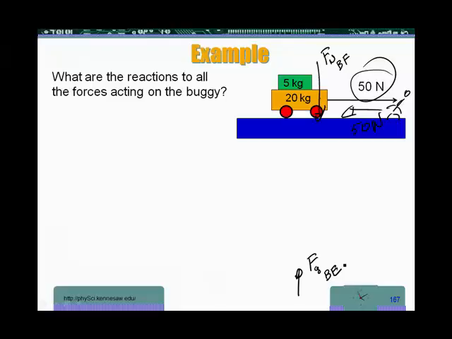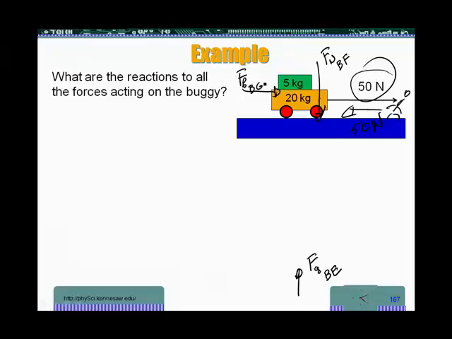Now there is the green crate exerting a friction force in the backward direction on the buggy. The reaction to that would be the friction force that the buggy exerts on the green crate.